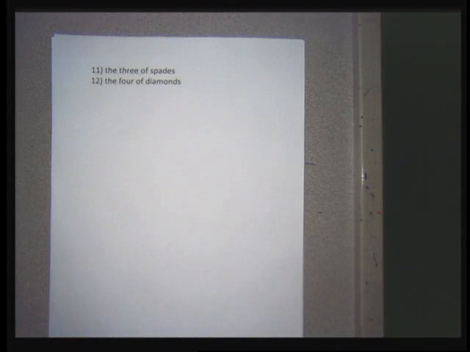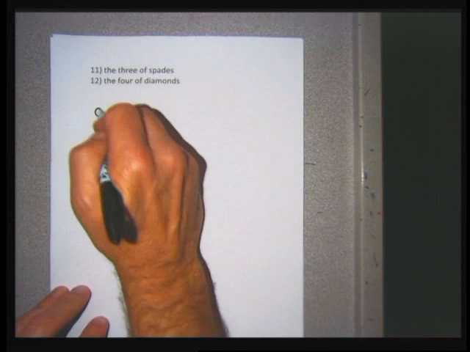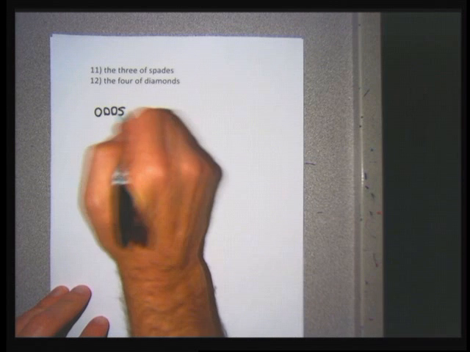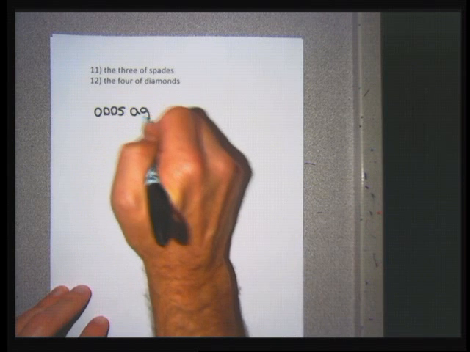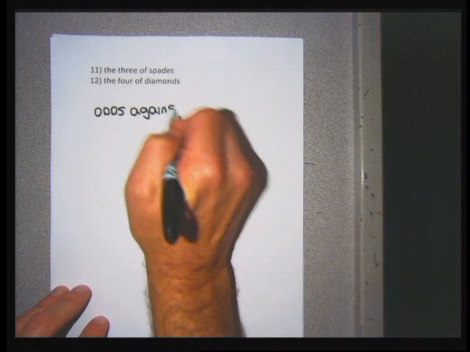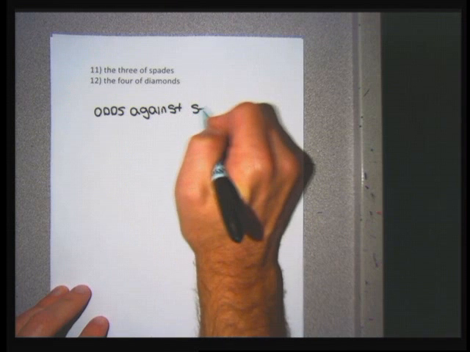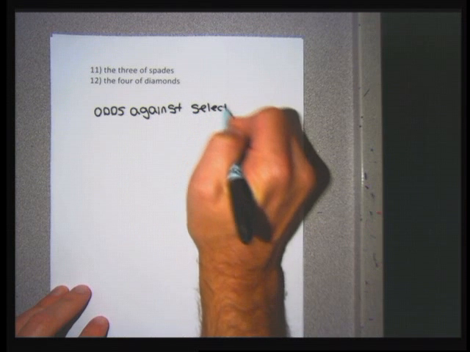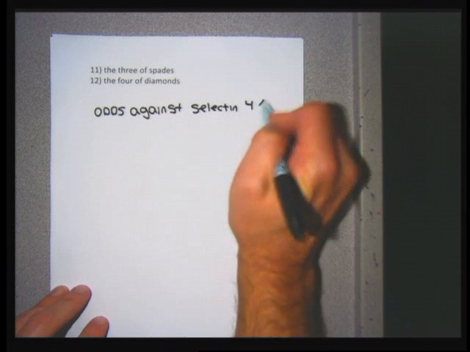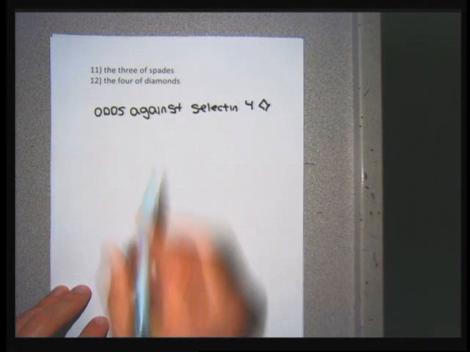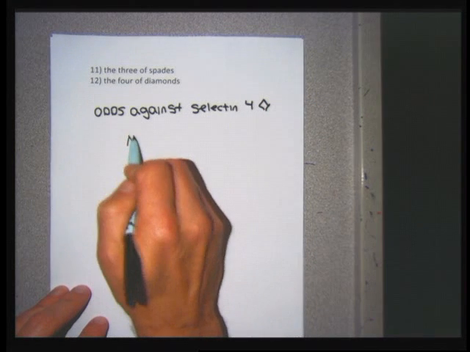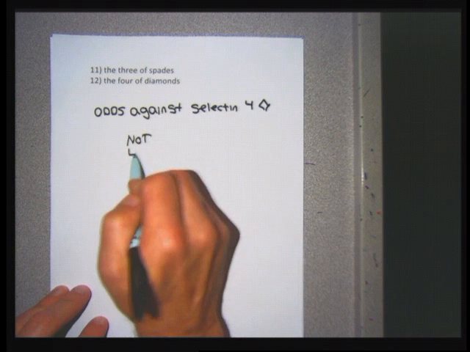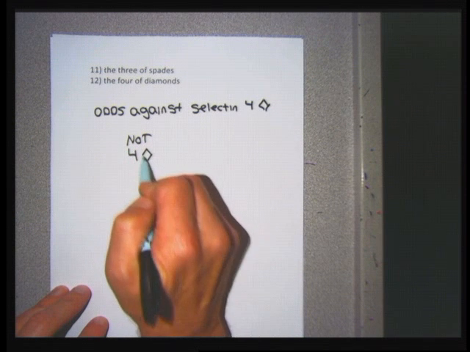For 14, I'll do the odds against selecting the 4 of diamonds. That means I need, on one side, it not being a 4 of diamonds.